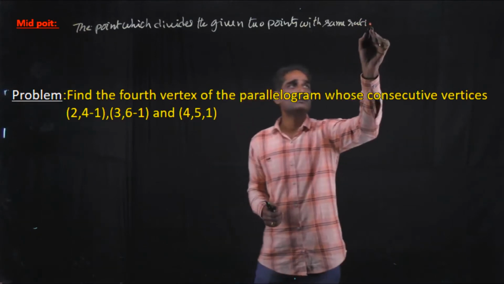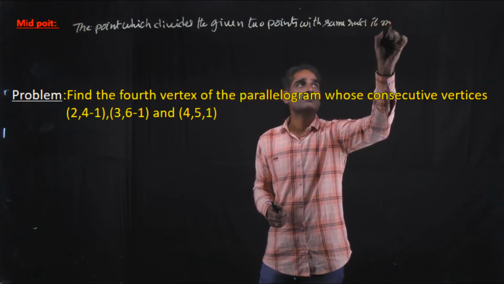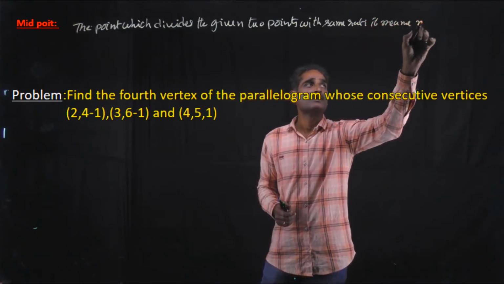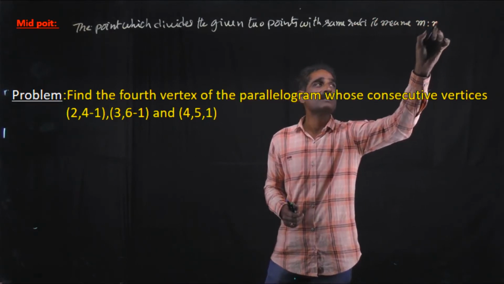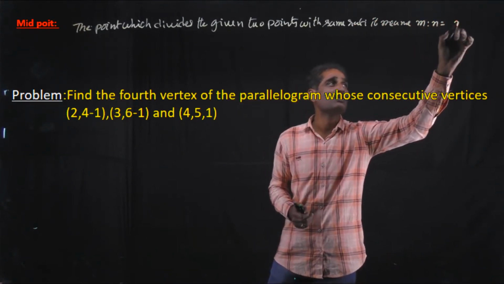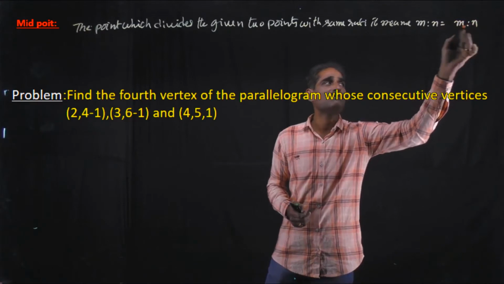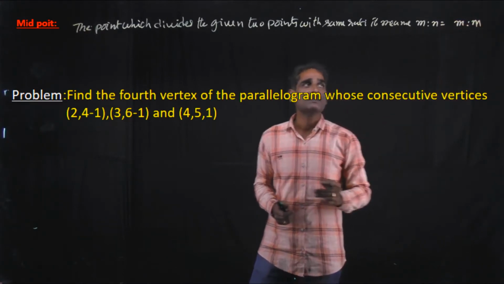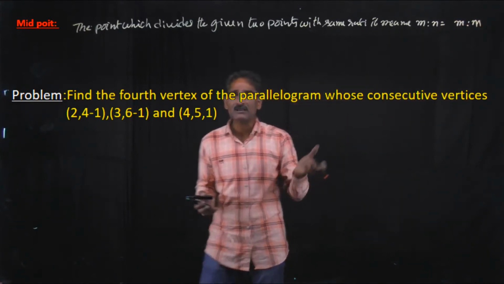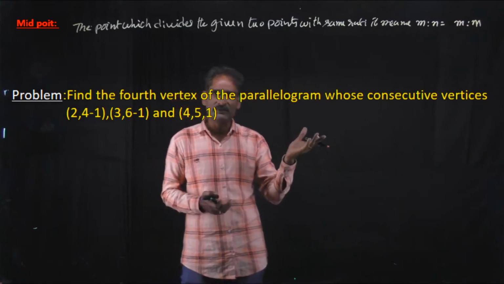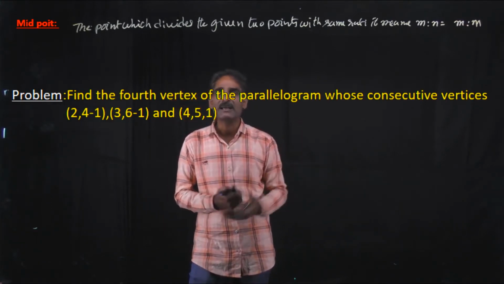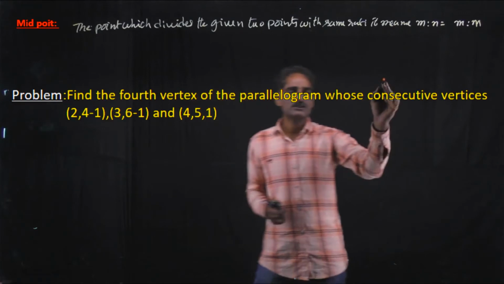That means m is to n is equal to m is to m, or n is to n. If the ratio is the same, then the section point dividing the given two points becomes the midpoint.